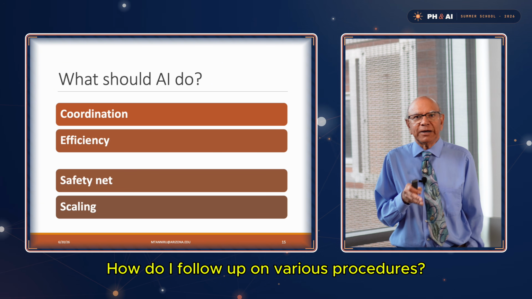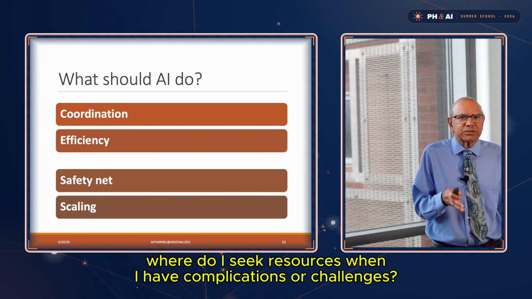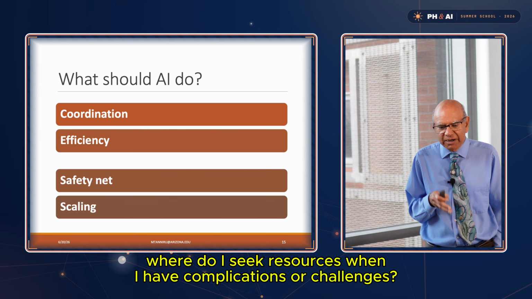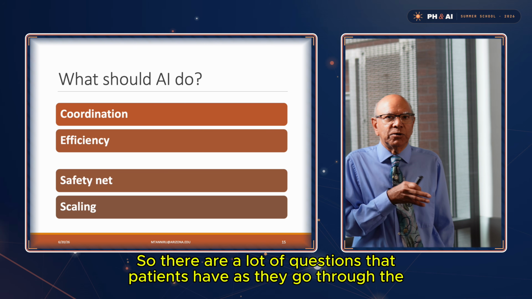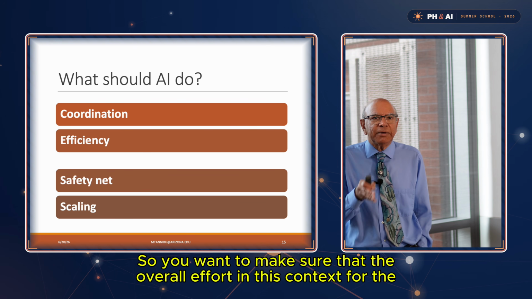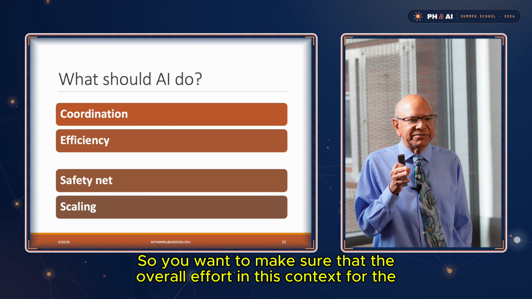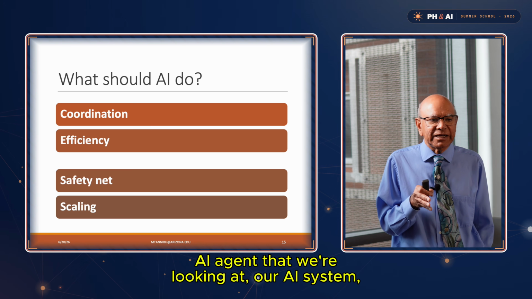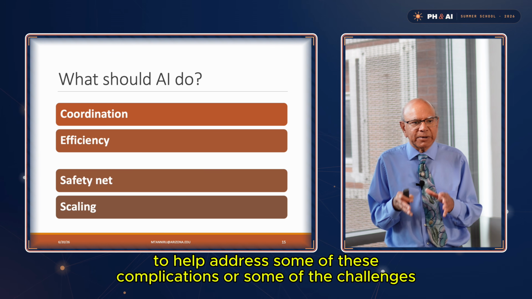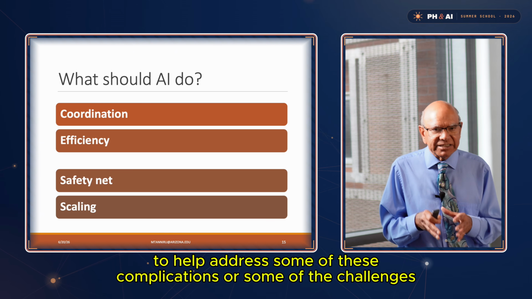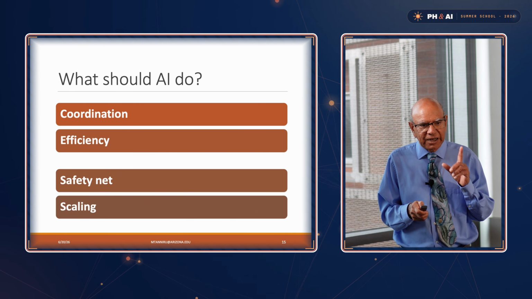How do I follow up on various procedures? And more importantly, where do I seek resources when I have complications or challenges? So there are a lot of questions that patients have as they go through the journey. So you want to make sure that the overall effort, in this context for the AI agent or AI system we're looking at, helps address some of the challenges the patient has in addressing their entire journey.